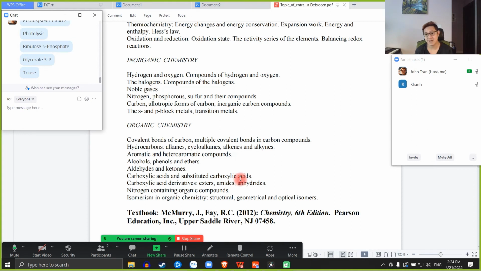Basically, you have to talk about the electron configurations and the formation of pi bonds and sigma bonds, overlapping. Covalent bonds of carbon, multiple covalent bonds in carbon compounds, is the first topic in organic chemistry here.